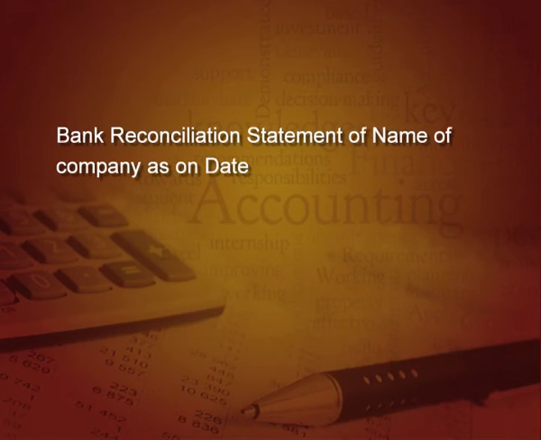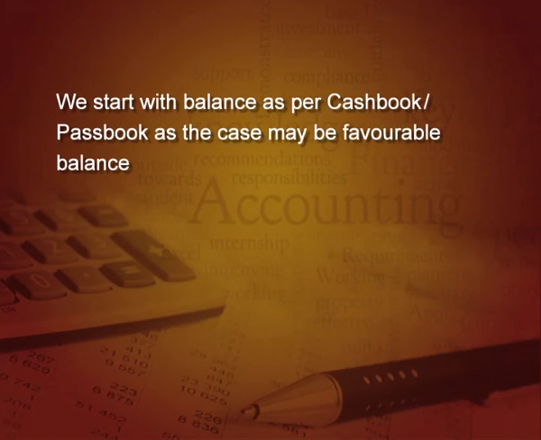Okay. Now when we start, first of all we write the date on which we are preparing the bank reconciliation statement. The opening line will be bank reconciliation statement of the name of the company as on which date, and then we start the format. In the first line, we start with balance as per cash book or passbook, whatever the case may be.